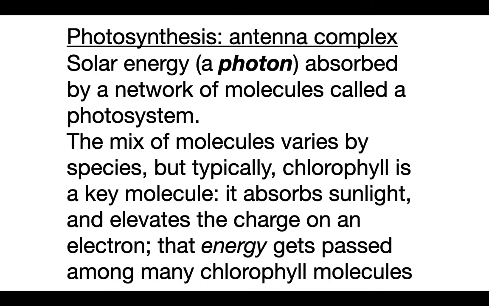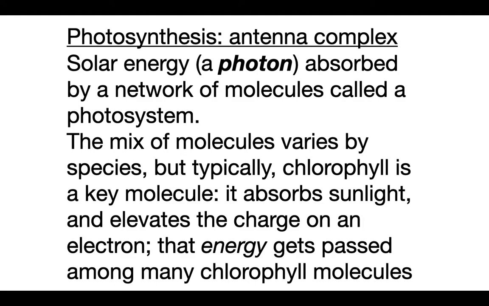The antenna in your cell phone can absorb and also produce microwave radiation. So we call the first step of photosynthesis the antenna complex because that antenna is the chlorophyll itself absorbing electromagnetic radiation in the form of visible light.